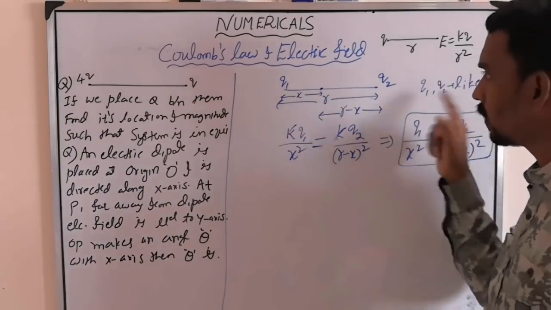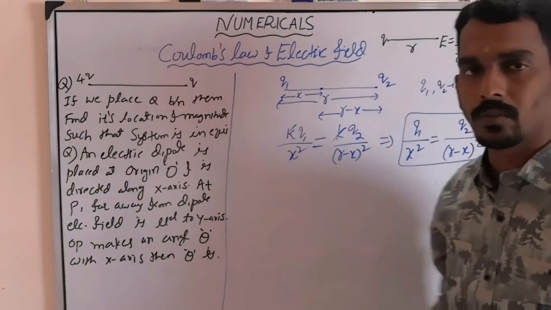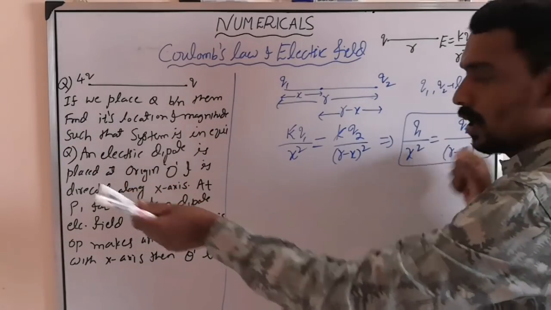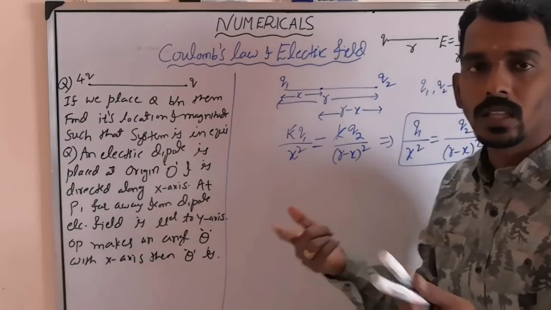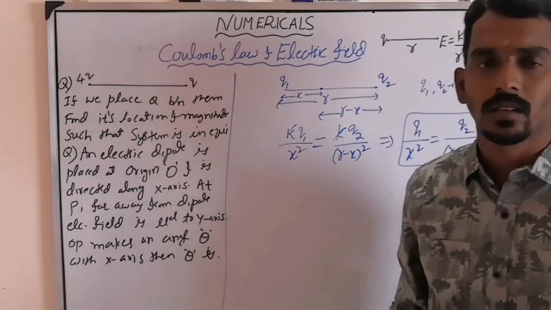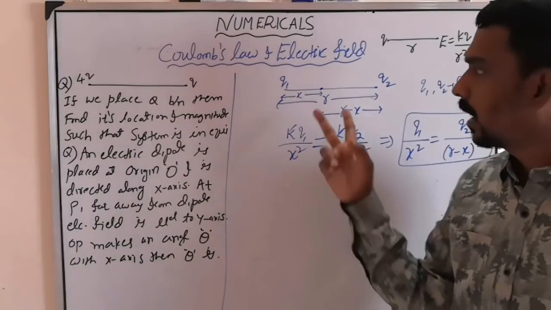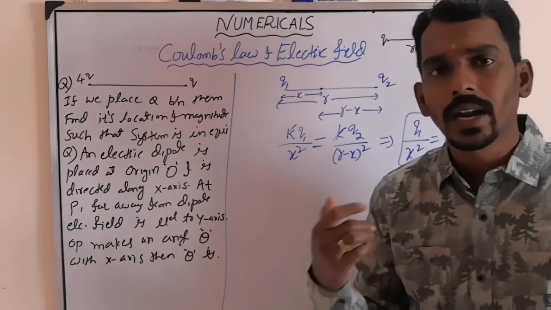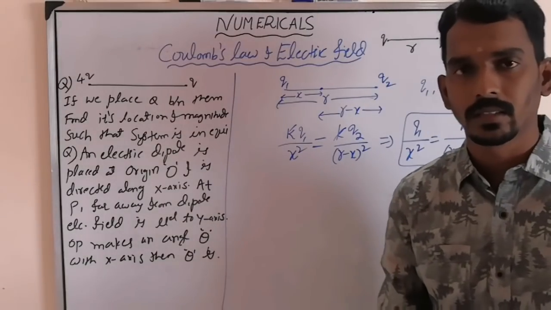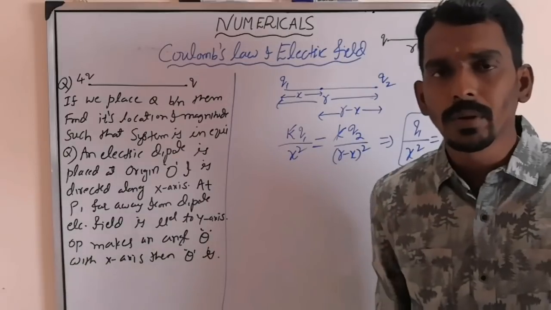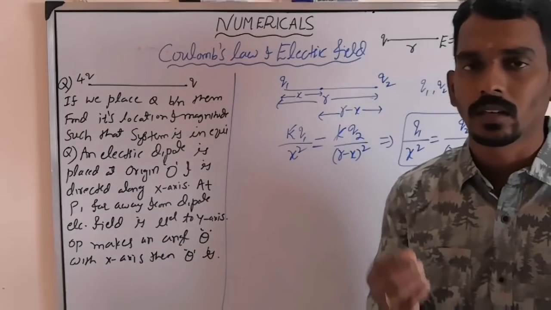Both are equal in magnitude and opposite in direction, so they must cancel each other, because for two vectors at an angle of 180 degrees, the resultant is A minus B or B minus A. And if A equals B, then what is the resultant?